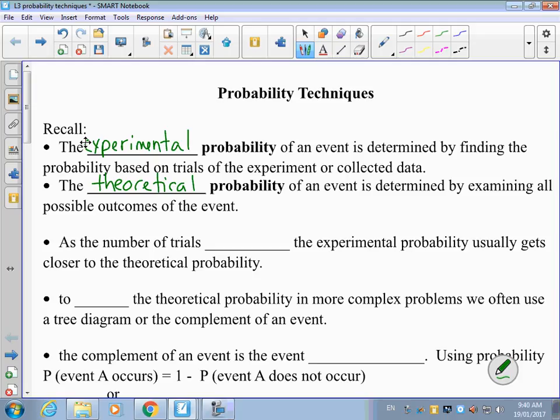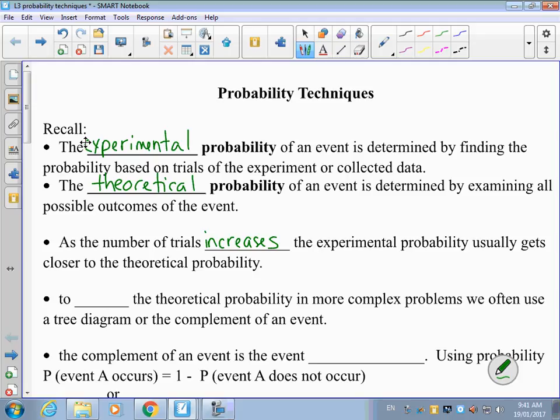When you're doing an experiment, as the number of trials increases, the experimental probability gets closer to the theoretical probability. That means the more times you do an experiment, the closer you're going to get to the theory of an event.